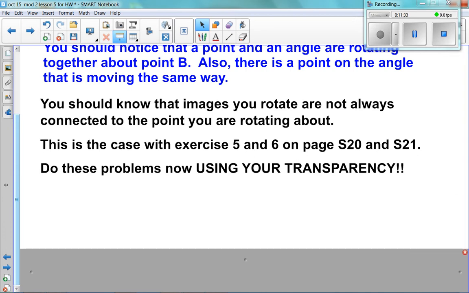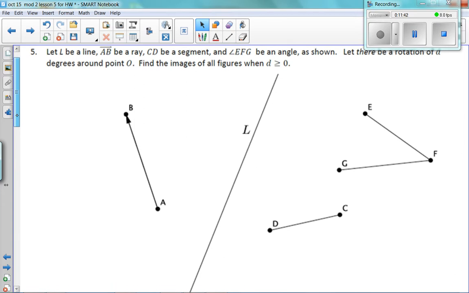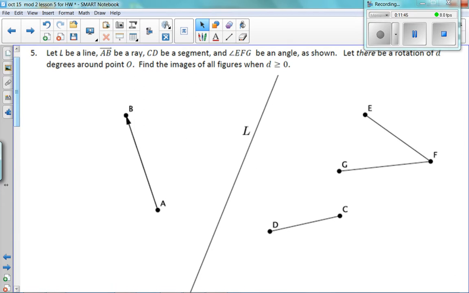So pause the video while you do that. Okay, question 5 says, let L be a line, AB be a ray, CD be a segment, and angle EFG be an angle, as shown.